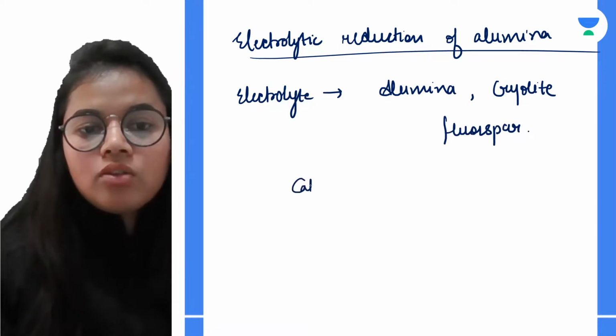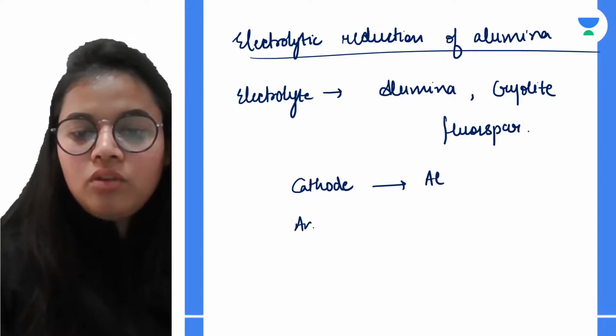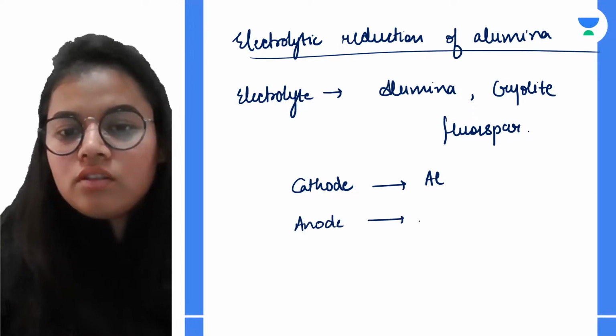At the cathode we get aluminium, at the anode we get oxygen.